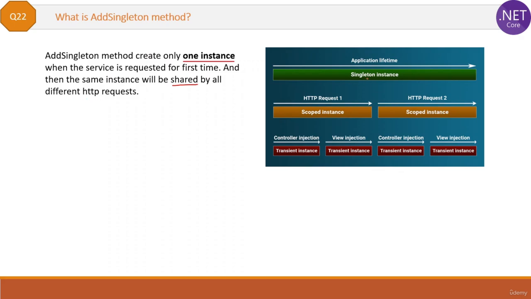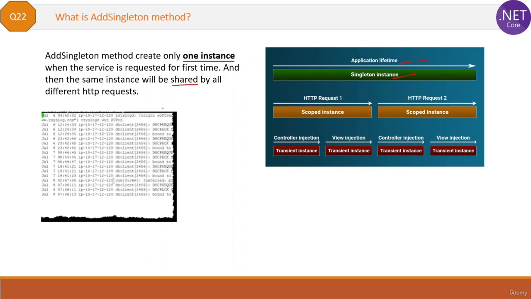Here in the diagram you can see that in the singleton case only one instance is created during the whole application lifetime. Let's try to understand with the help of an example. Suppose you create an application and you want to log all exceptions in a text file. This is the sample text file for logging.